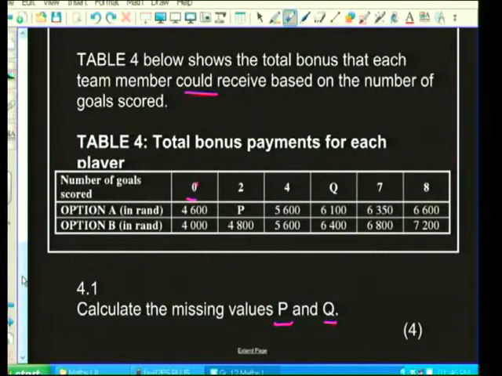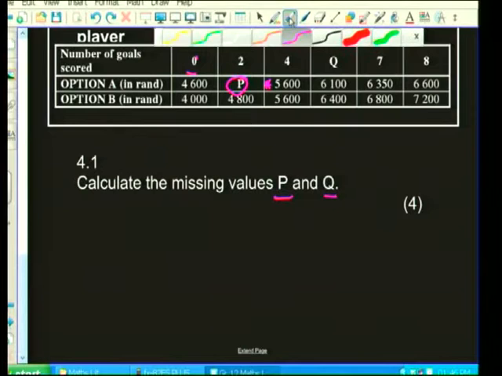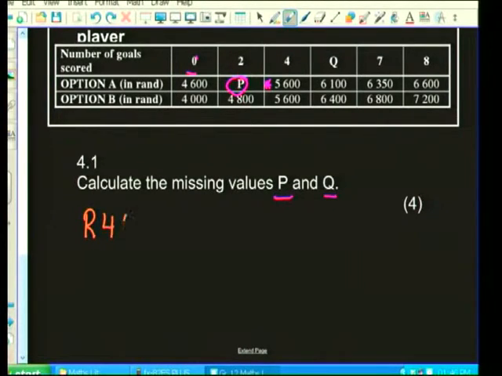What I like to do is see, well, okay, before I calculate P, let me understand how they got this 5,600. So if I can do that, then I know P is going to be easy. So what do I know? Let's write out my formula. I know that option A was 4,600 Rand plus 250, and I'm actually going to leave off the rands, times the number of goals.